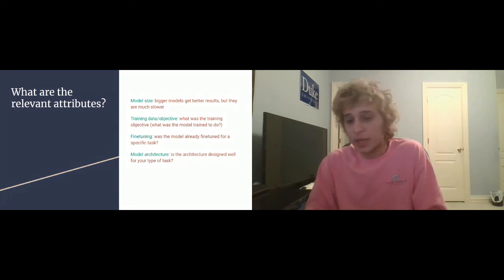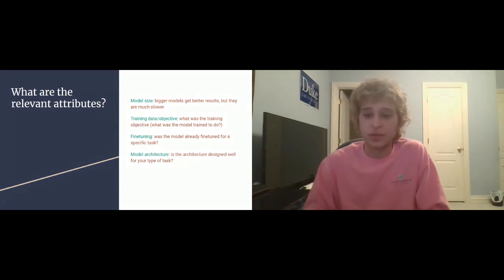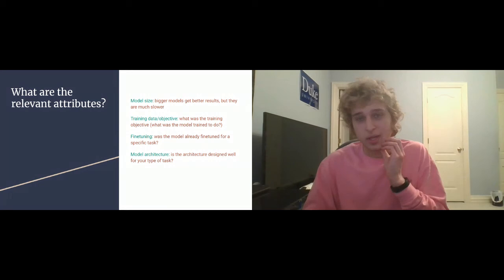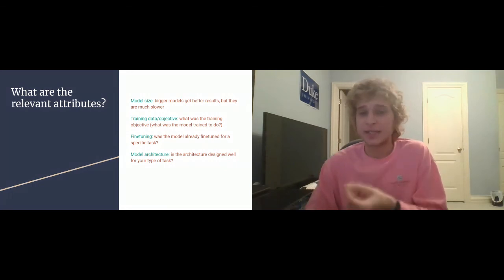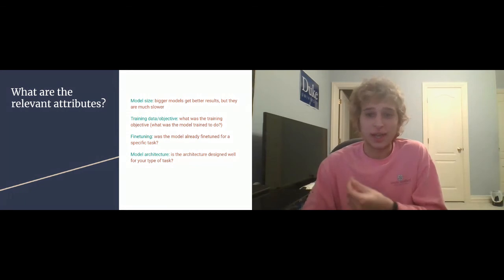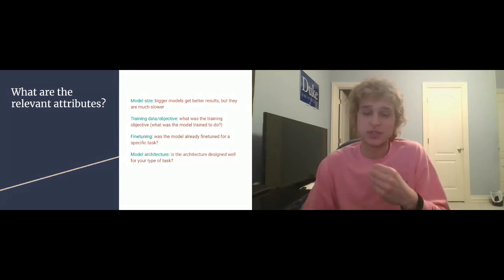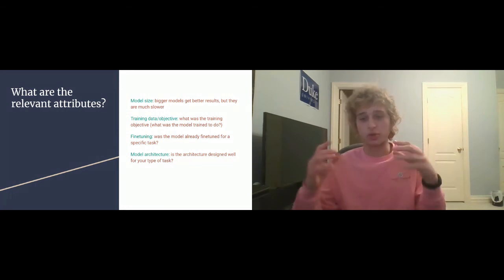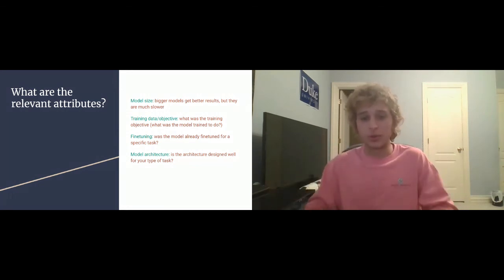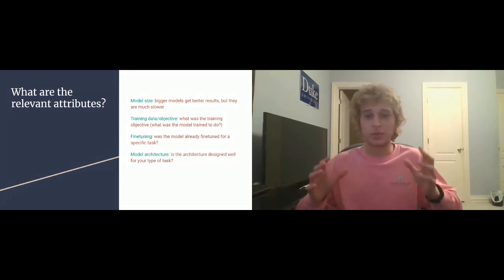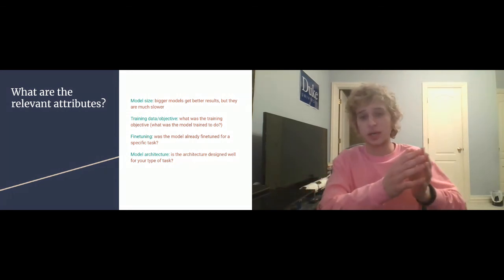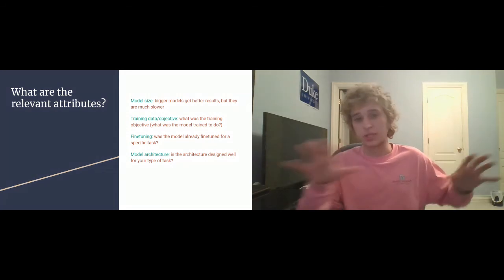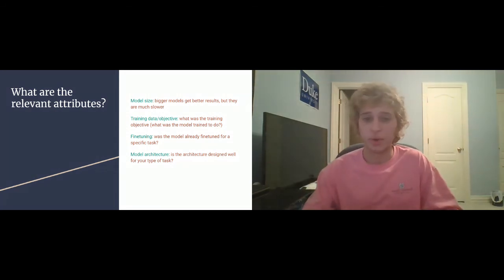So one interesting thing with machine learning in general is that once you've trained a model on a specific task, it gets worse at all the other tasks that it maybe was originally able to do from pre-training. So pre-training, you're just doing this very general language understanding, and so the models will be able to do a lot of different tasks. But once you've fine-tuned it on a specific task, it's going to lose its ability to perform on other tasks.